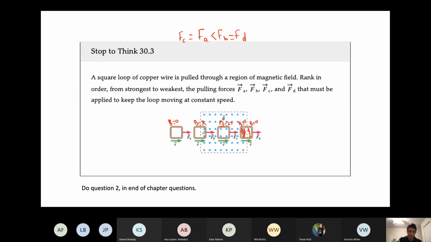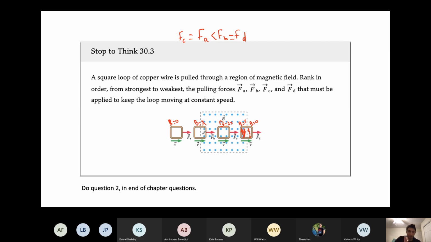And that change in flux induces a current in the copper wire. That current's whole purpose is to oppose the change that's happening, which is the magnetic field.